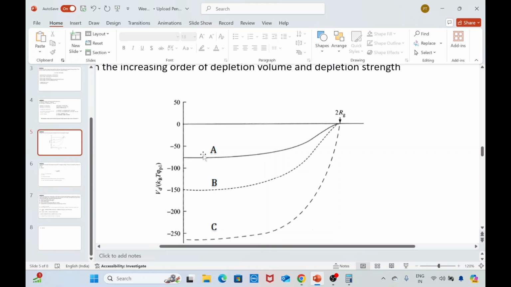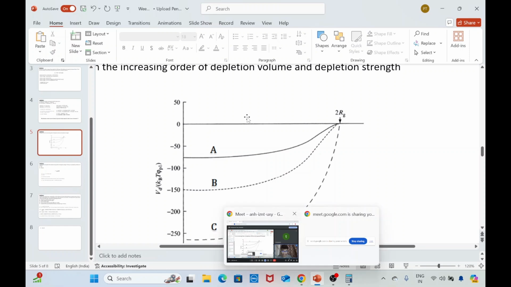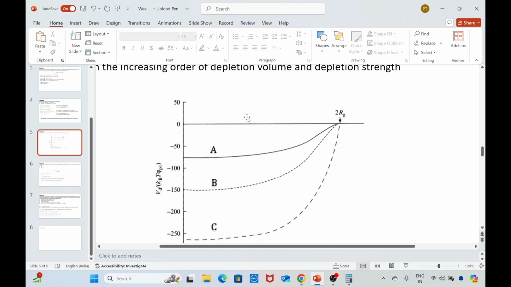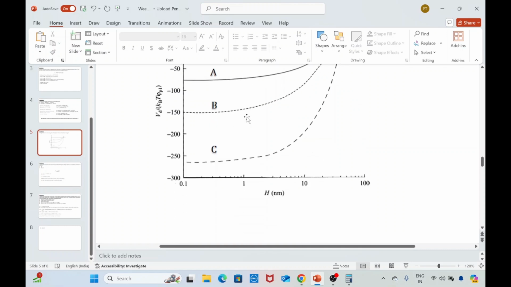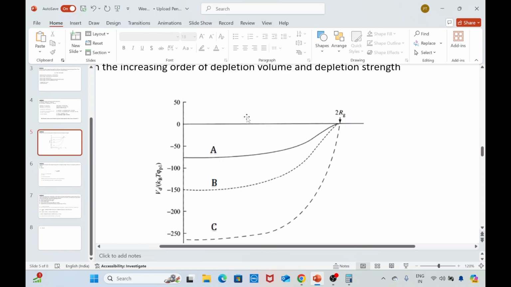What is the meaning of this expression? Rg is your radius of gyration. Vd is your depletion interaction strength, or depletion strength. kBT is the factor for thermal energy, and phi p is the polymer concentration, or the concentration of the polymer.